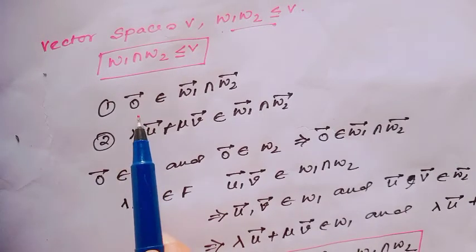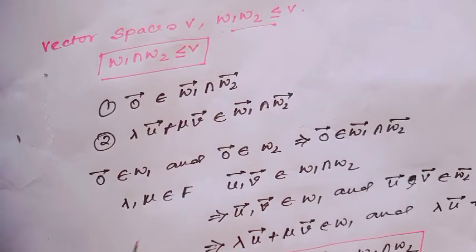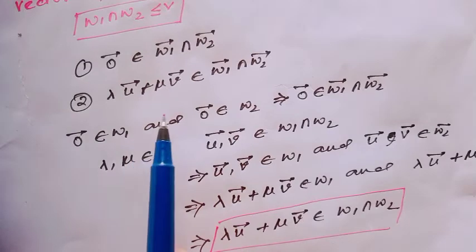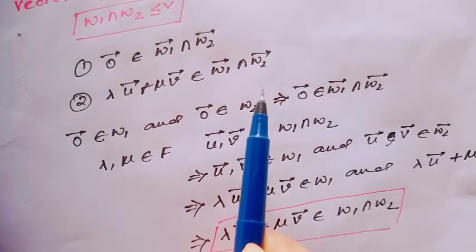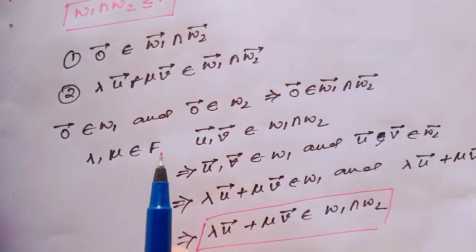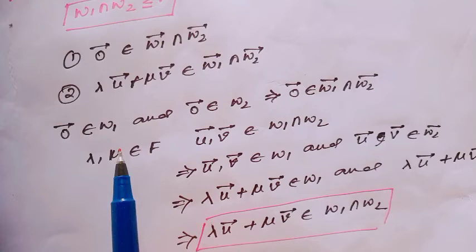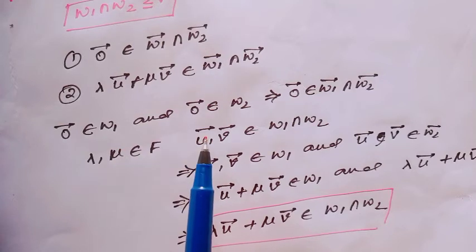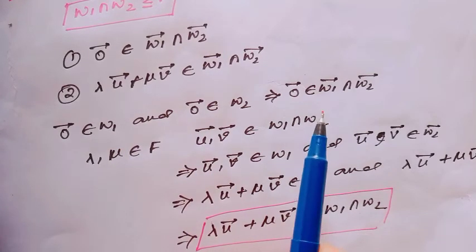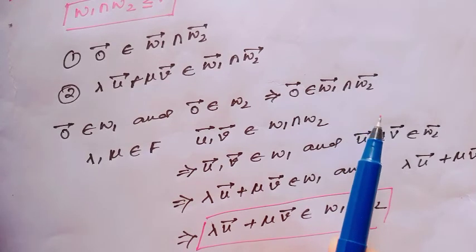We have to show the vector 0 belongs to W1 intersection W2 and lambda u plus mu v belongs to W1 intersection W2. Since W1 and W2 are subspaces, the vector 0 belongs to W1 and the vector 0 belongs to W2. That implies the vector 0 belongs to W1 intersection W2.